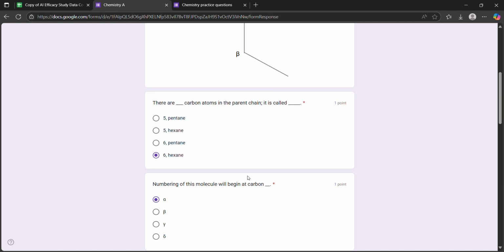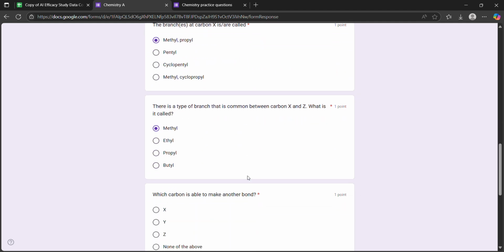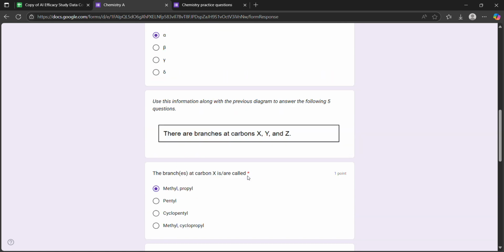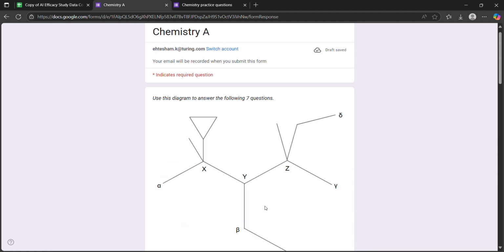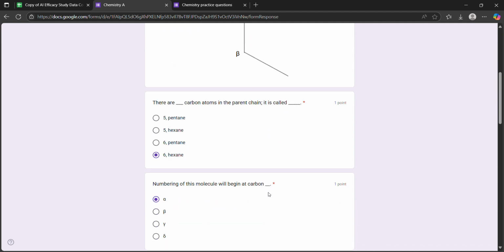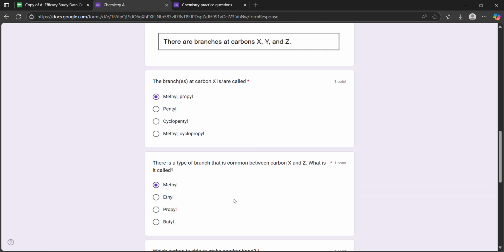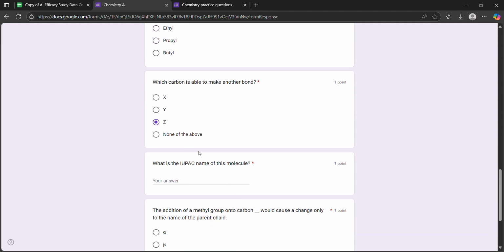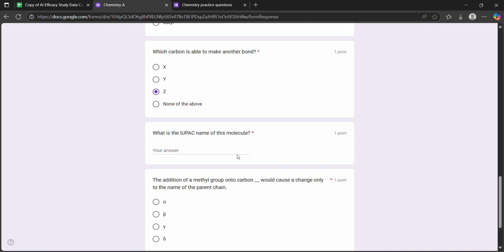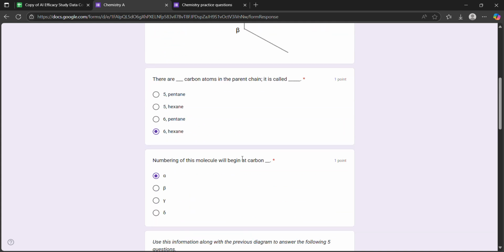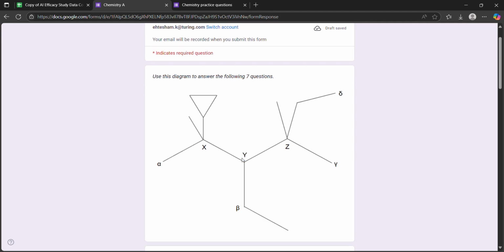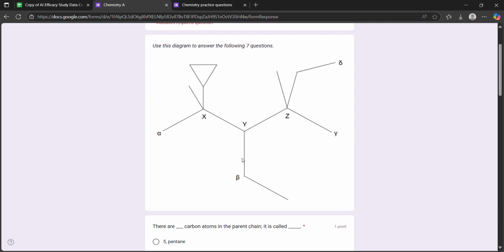Which carbon? I think Z. What is the IUPAC name of this molecule?